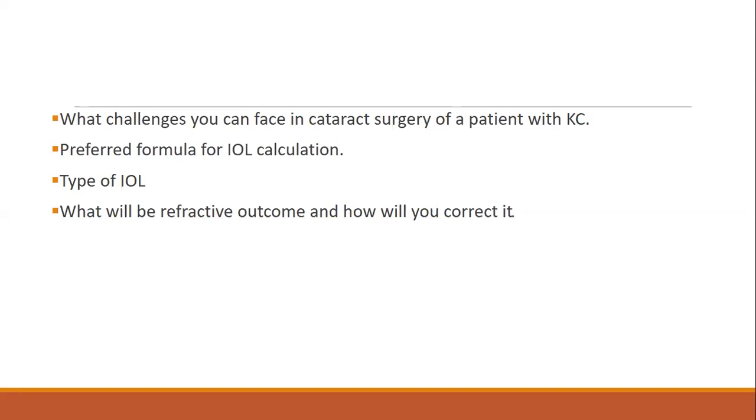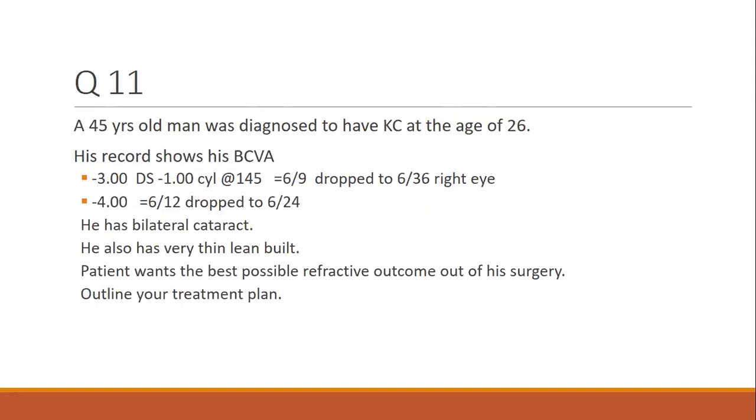In fact, the first part of the question was, you have to carefully assess a patient. If a patient comes with keratoconus, first you have to see what is the level of keratoconus, and number two, is there any associated systemic problem? Dr. Isra mentioned all these in detail, that she will look at the zonules.